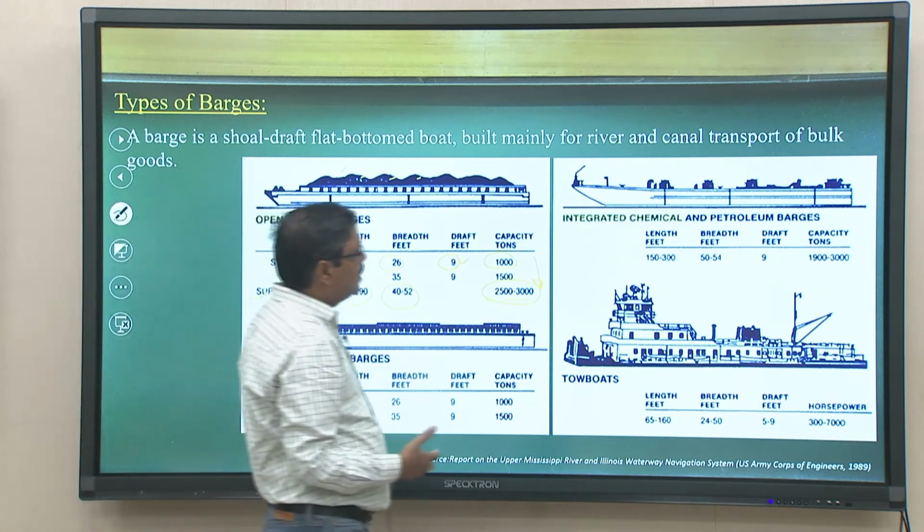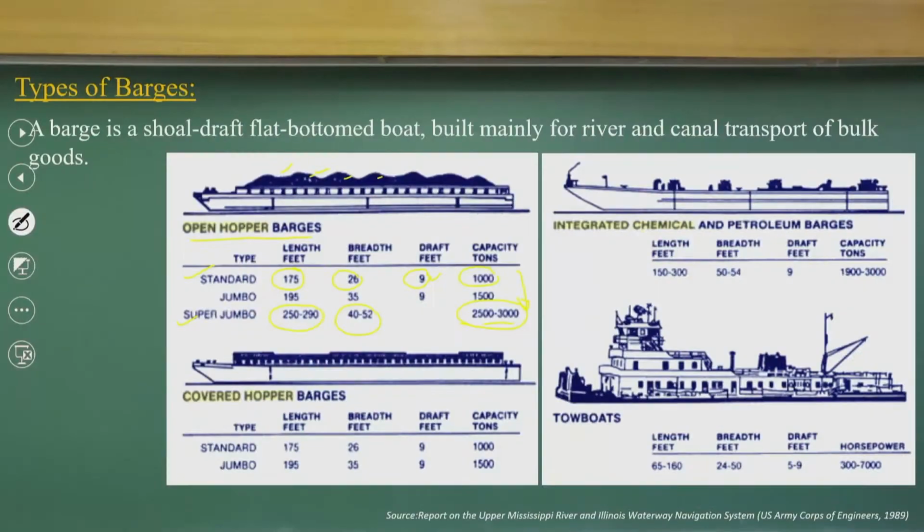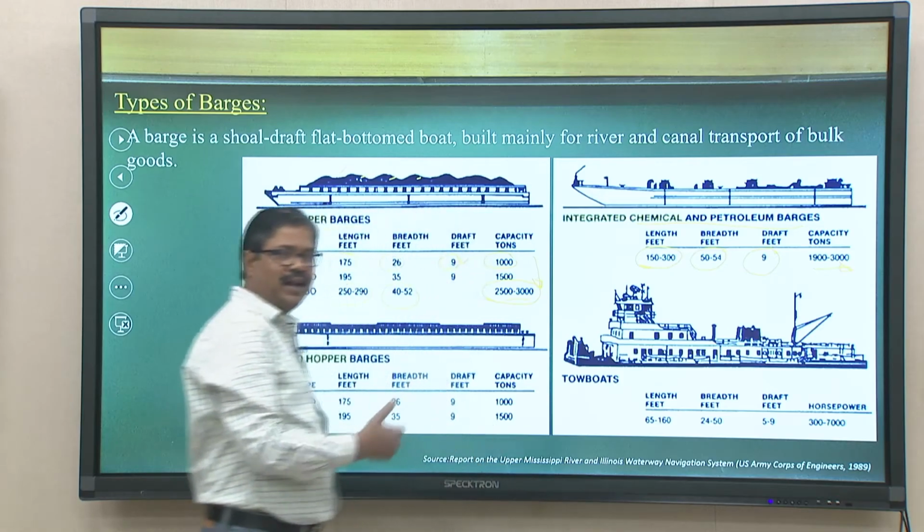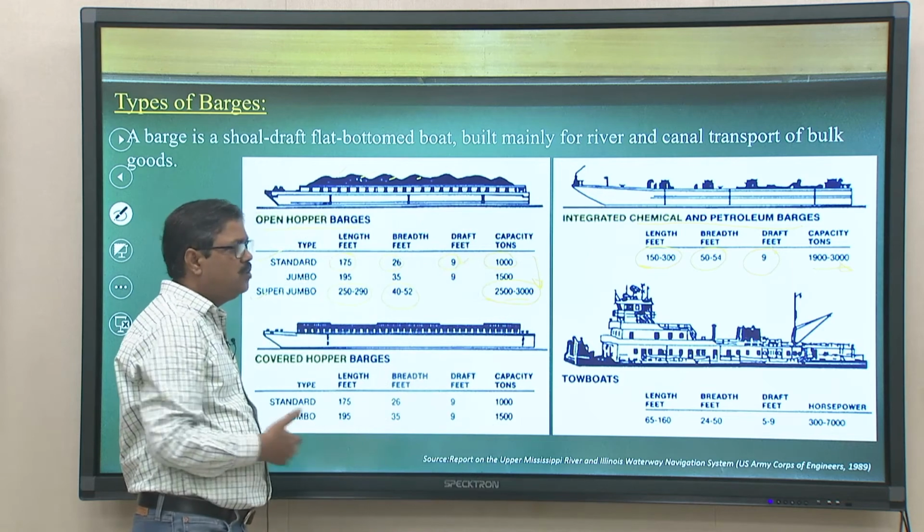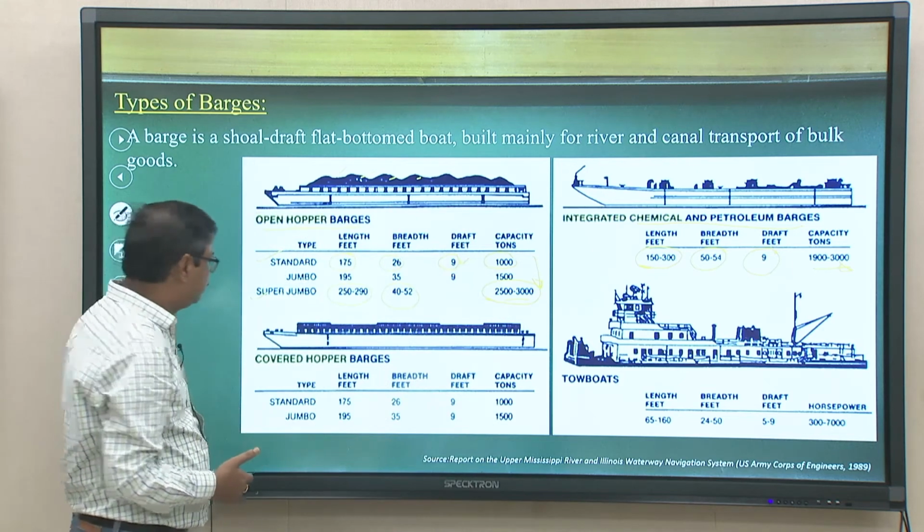But nowadays you have these integrated chemical and petroleum barges. The basic idea is to carry chemicals and petroleum products, with a length of 150 to 300 feet, width of 50 feet, draft need of 9 feet, and capacity varying from 1900 tons to 3000 tons.